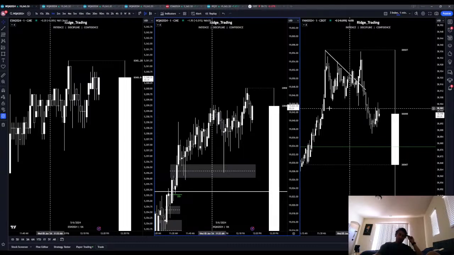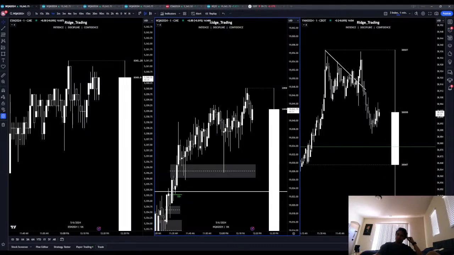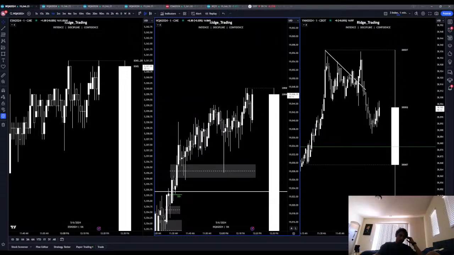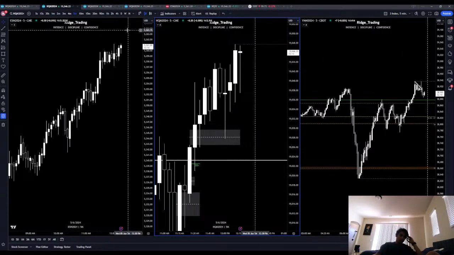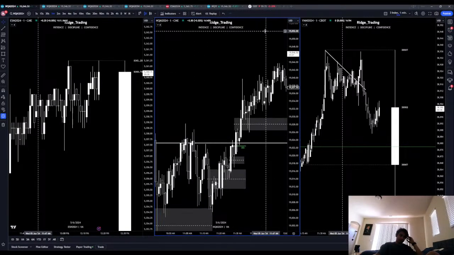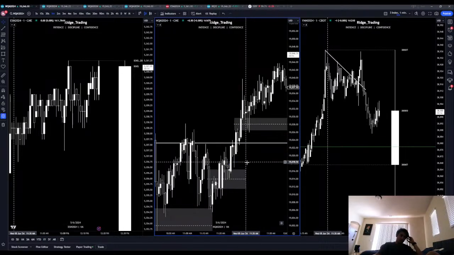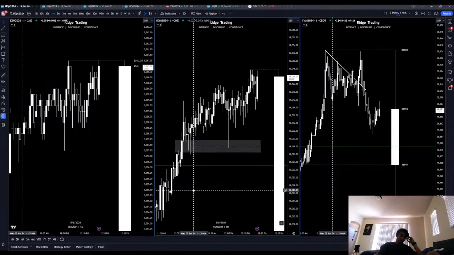Terrible price action. Really not even much for me to annotate here. It's just the slow melt up day where you just really can't get an entry. At least a quality entry, you know.